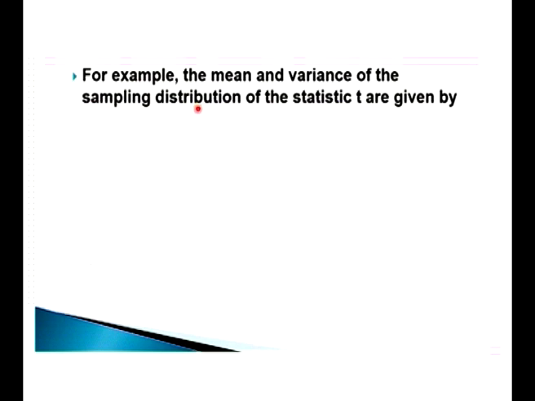For example, the mean and variance of the sampling distribution of T are given by T bar is equal to, how many samples are there? It is K samples. So T bar is equal to 1 by K times (T1 plus T2 plus etc. plus Tk), right.